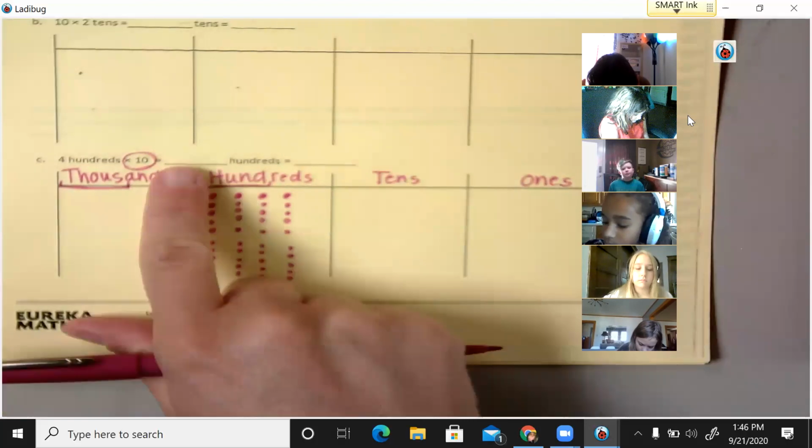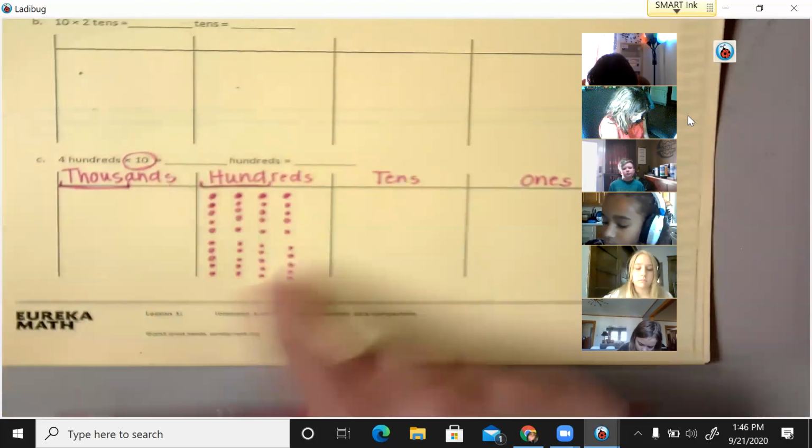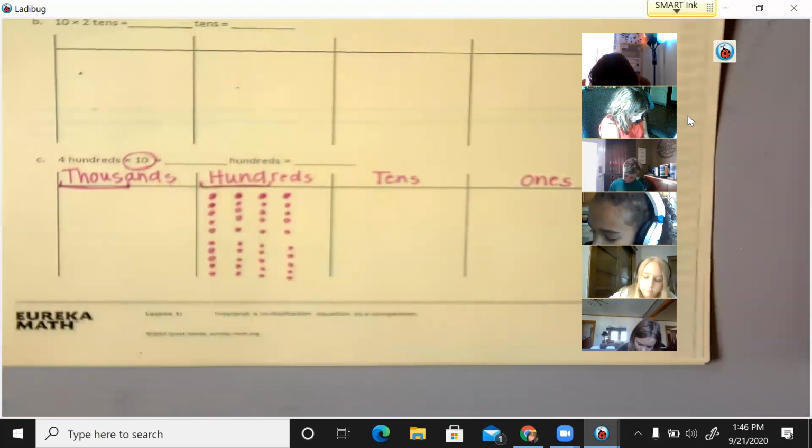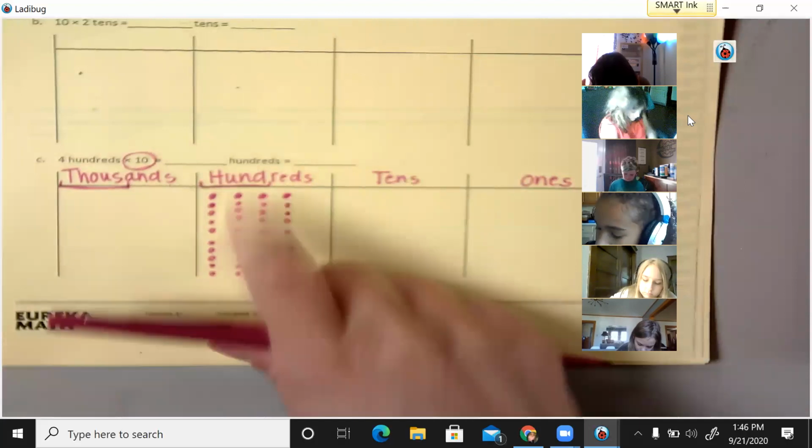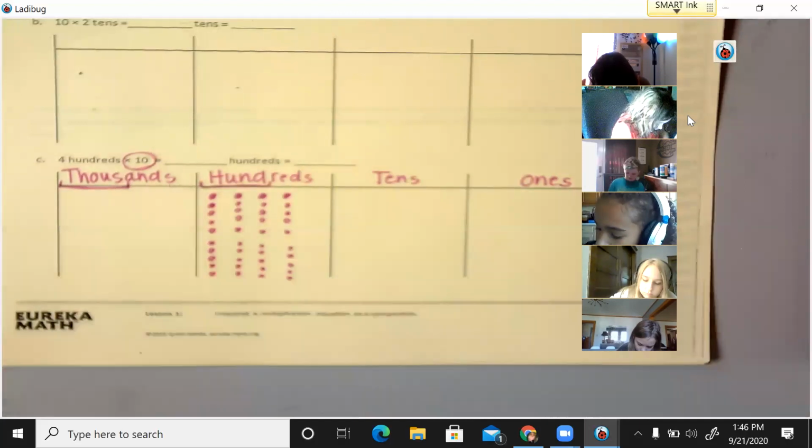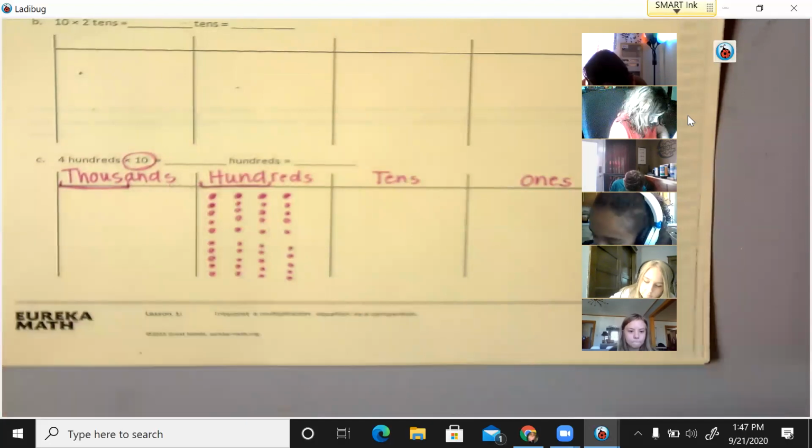So we can fill in this first line. How many hundreds do I have here? I can count by tens. Who knows, how many hundreds have we drawn? If you know, you can unmute yourself.